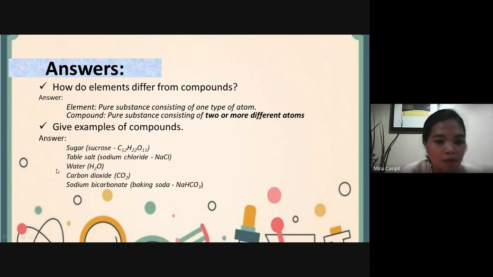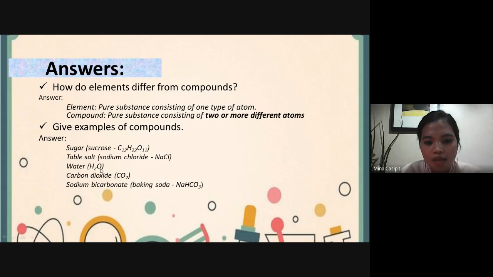Kasi ano yung mga elements present dito? We have 2 hydrogen atoms and 1 oxygen atom. So we have 2 elements. Kaya kinonsidered siya as compound. So also, carbon dioxide, merong 1 carbon and 2 oxygen atoms.